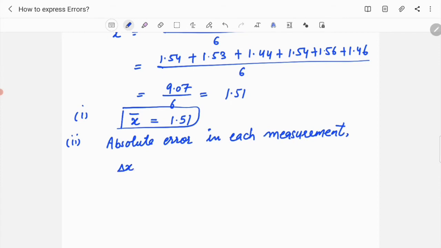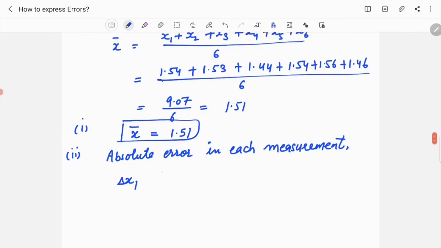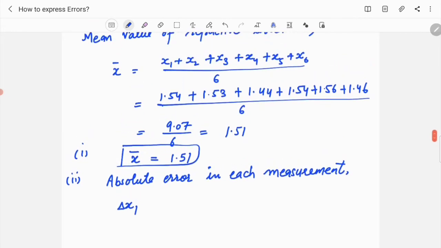So delta x1, the absolute error in the first observation, is x1 minus x bar, which means 1.54 minus 1.51, and it is equal to 0.03.